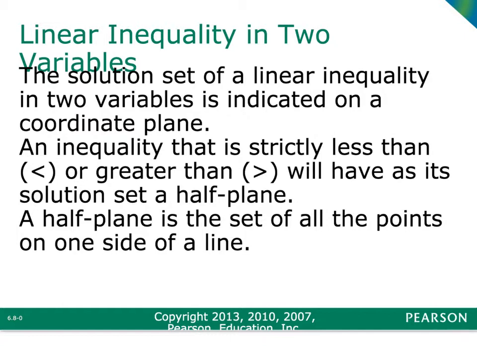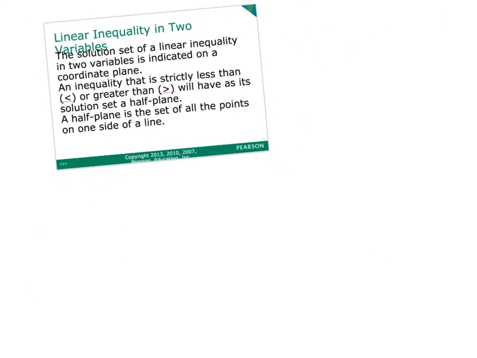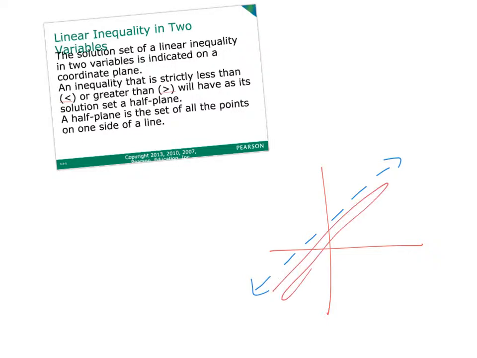If you have used the symbols simply less than or greater than, then when you graph your plane, your solution set will be the half plane. The half plane is the set of all points on one side of a line. To show you what that's going to look like, on your graph, you will draw the line that you have found, and then you will shade on one side of the line.